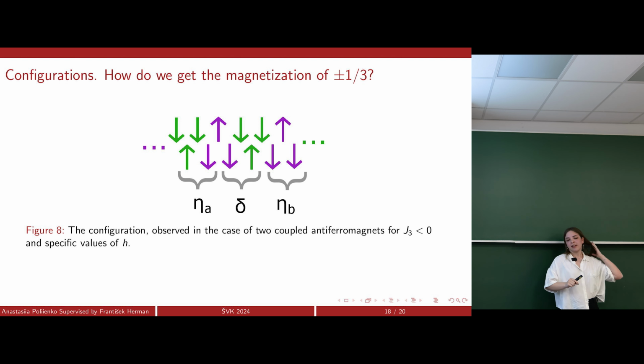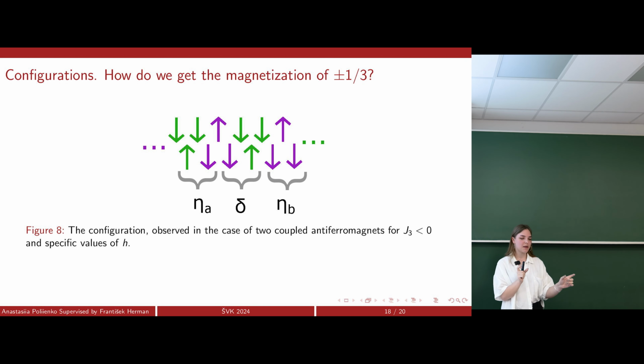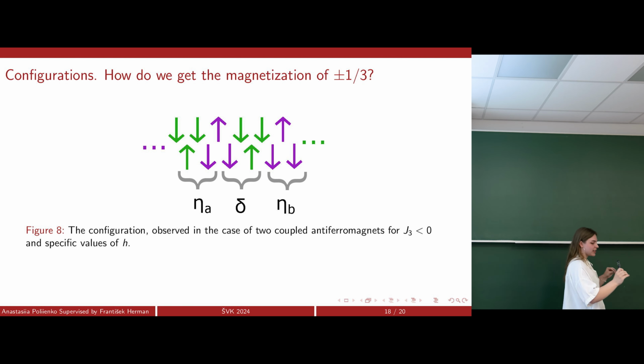We understood that if we want to obtain the average magnetization of, let's say, -1/3, then we will need to combine some phases. And the whole two areas will result in a combination of those pure phases, while before we had only seen such behavior on phase boundaries.